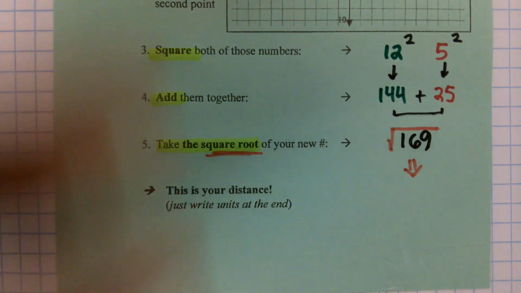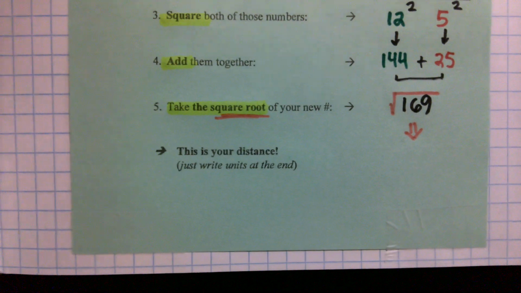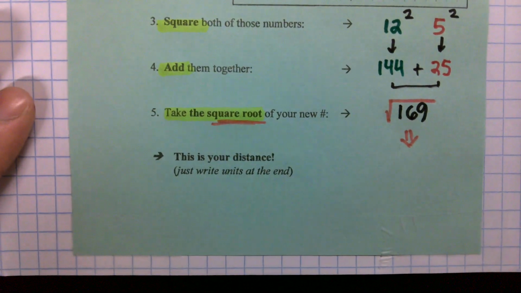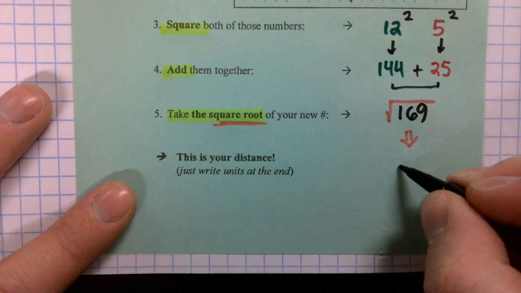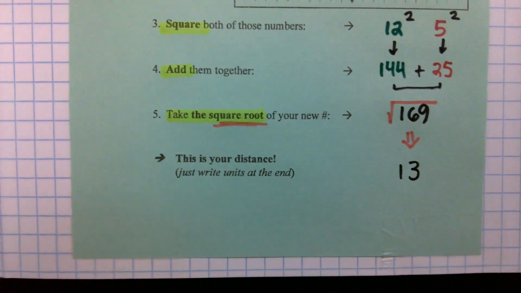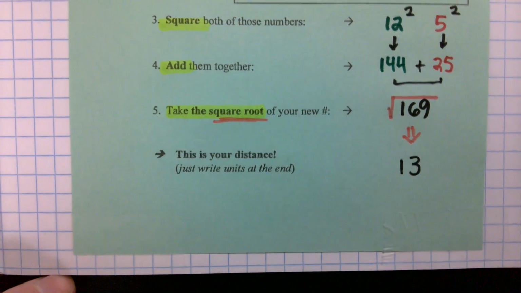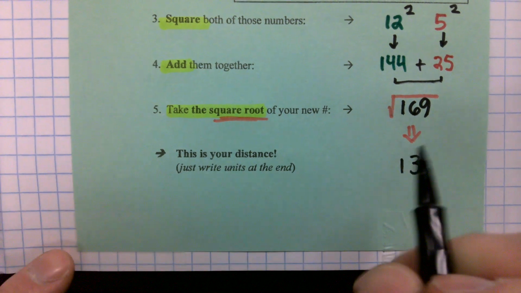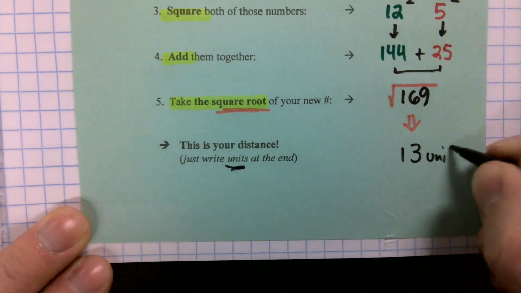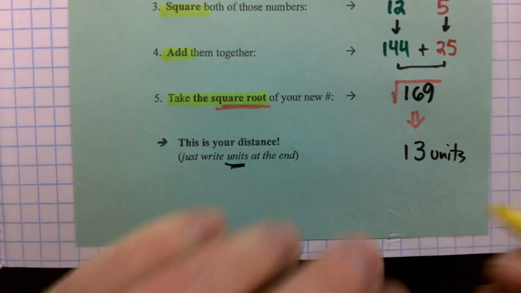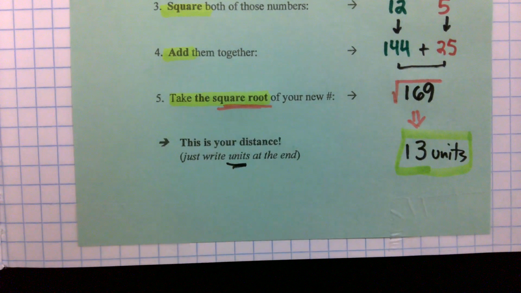What is the square root of 169? It's a perfect square. 13. That's our distance. All we got to do is write units on the end, box it up, call it a day.